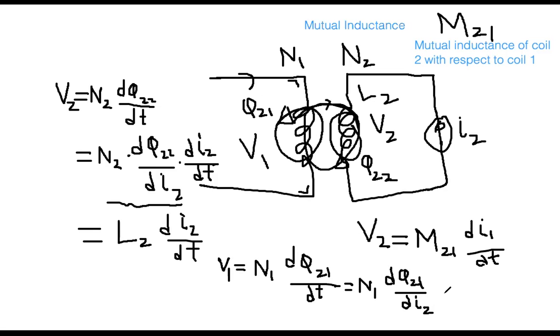Look, di2, because this time I have the current only here. There is no current here. So the meaning is the same. Therefore, in this case, N1 d phi 21 by di2, this is the mutual inductance M12, I will tell. This means mutual inductance of coil 1 with respect to coil 2. Here it was M21 and now I got M12, and then di2 by dt.